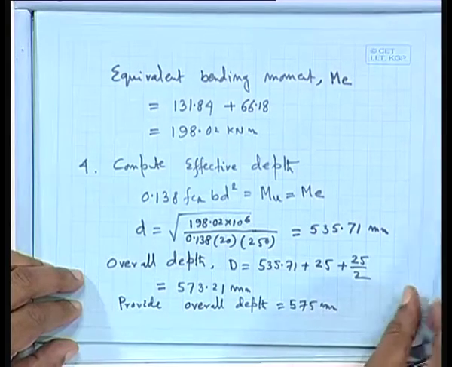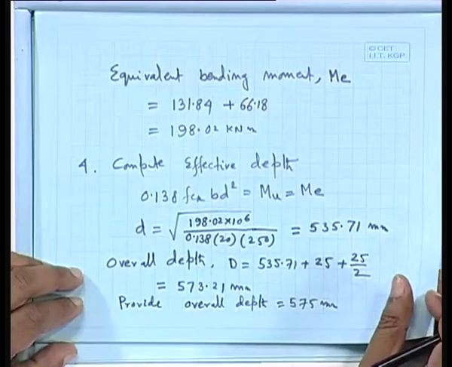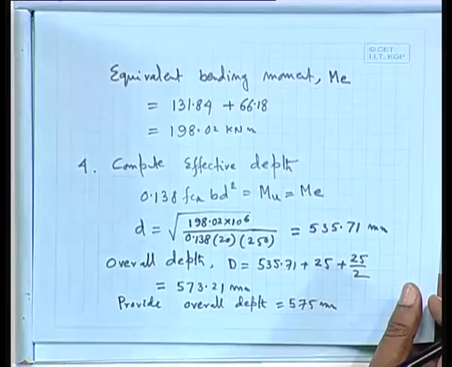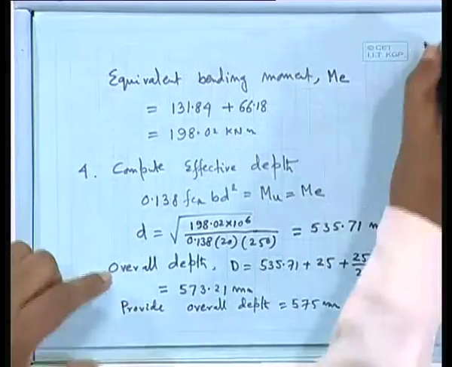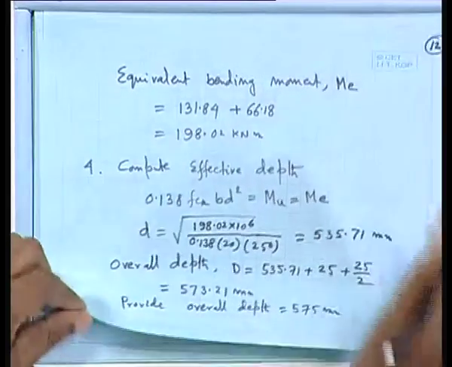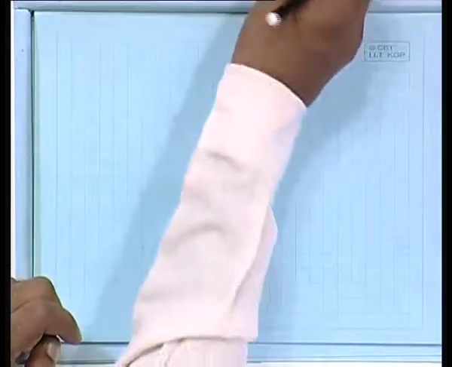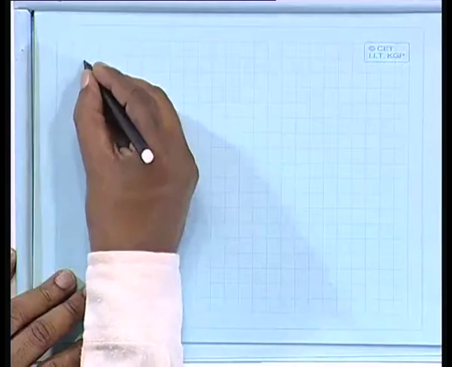Instead of that, what we can do? We can do it another way. Let us try this way, that we shall change the width. Okay. So let us change the width.